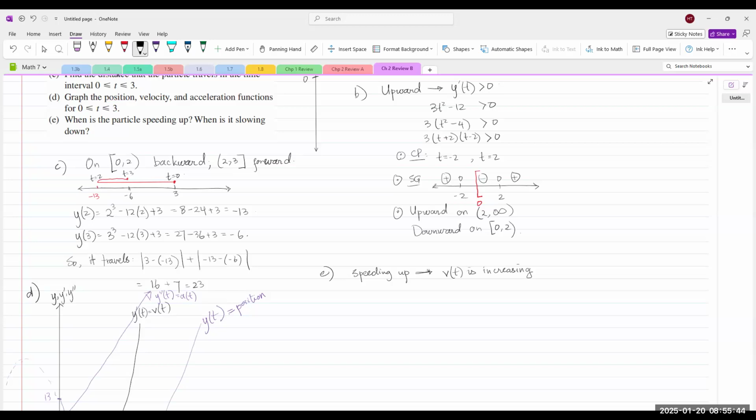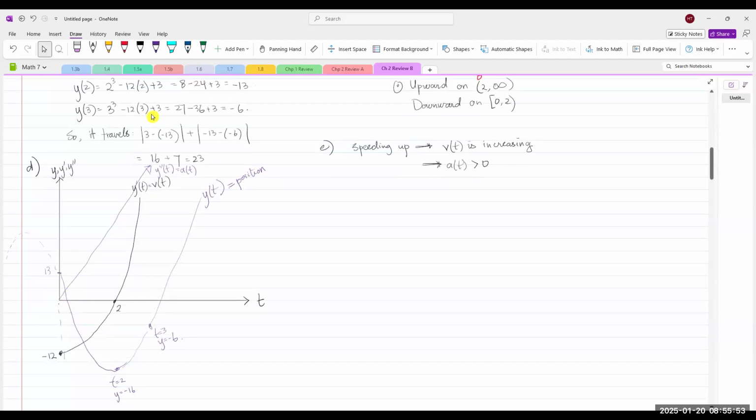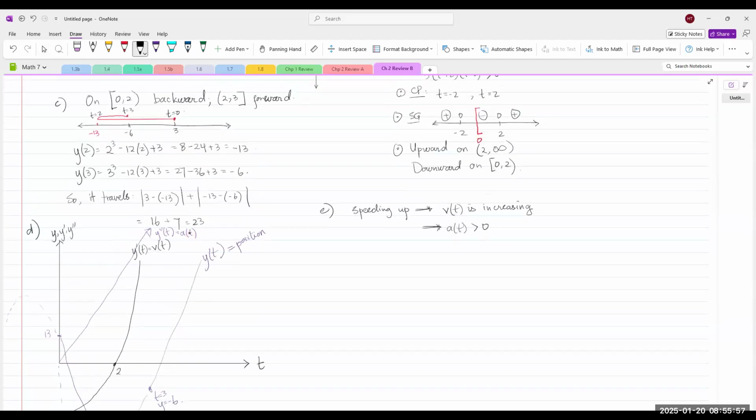If the velocity is increasing, it means the acceleration is positive. As you can see, the acceleration is always positive, right? The acceleration is positive, that's increasing, for t greater than 0. Okay, and it is never slowing down.